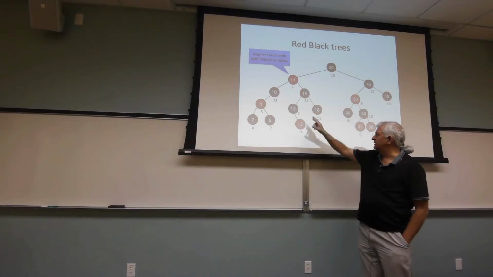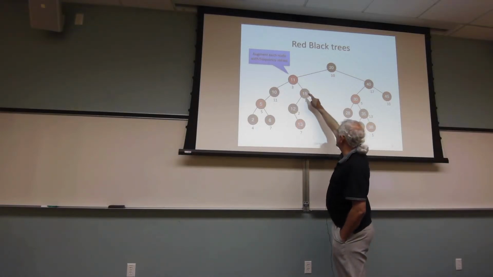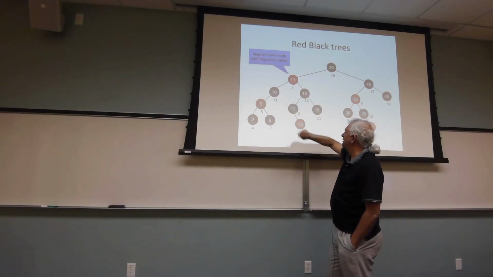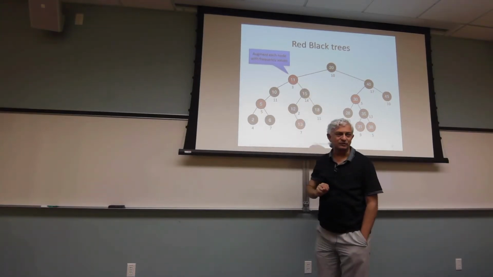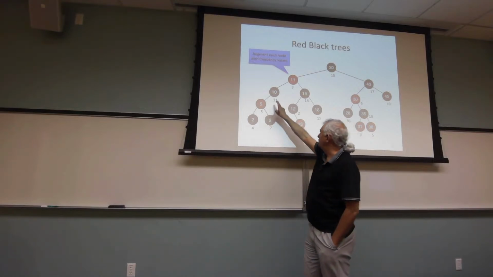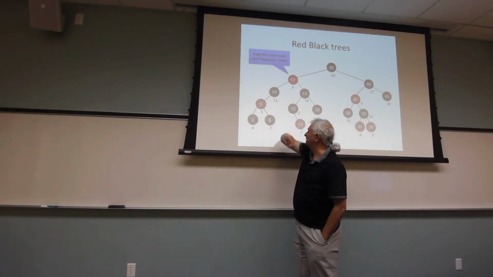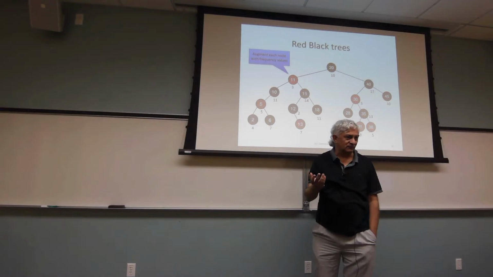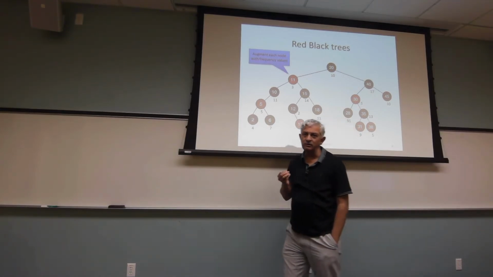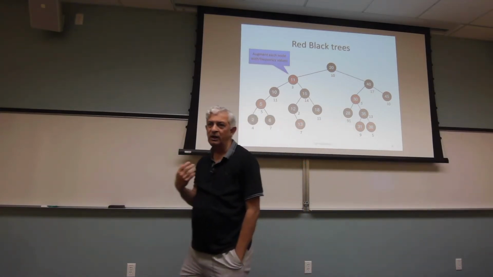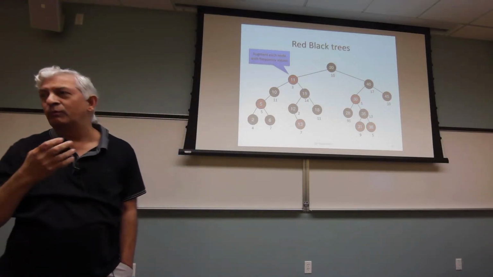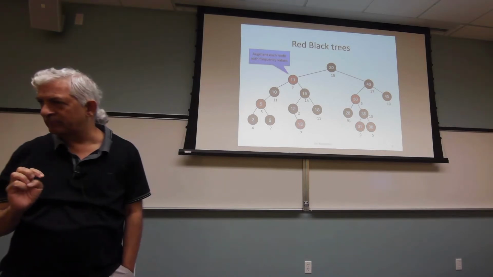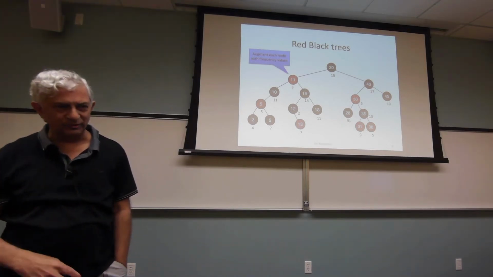So for instance, in this case, the most frequent item is 15 itself. If you look at this subtree here, the most frequent item is 15, which appears 14 times. If you look over here, the most frequent item is 10 because it appears 11 times. So at each node, I could store what's the most frequent item, or at least the frequency of the most frequent item.